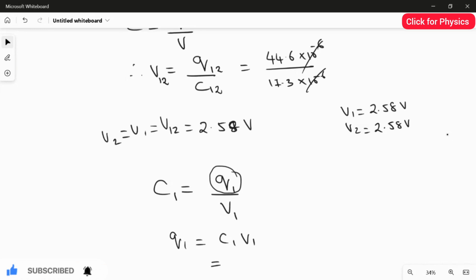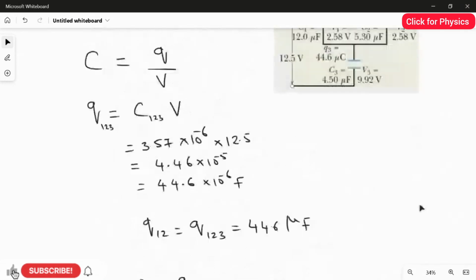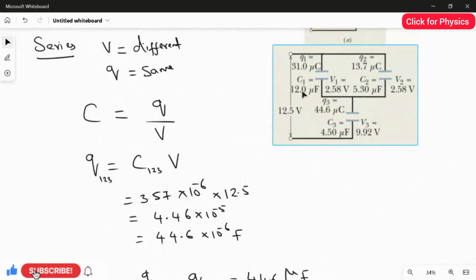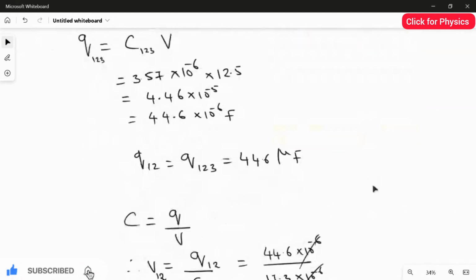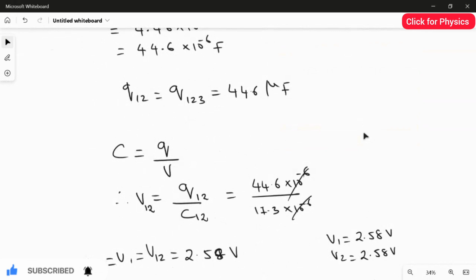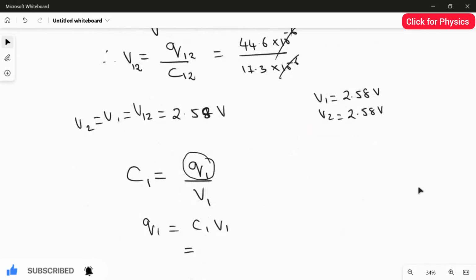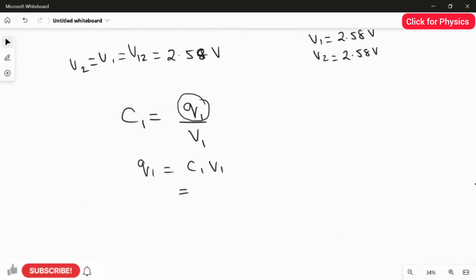The C1 value is already given in the circuit diagram. Let's see the value of C1, because I forgot. So C1 is 12 microfarad and V1 is 2.58, because we already found the answer here. So Q1 is 12 multiplied by 10 to the power minus 6, and the potential V1 and V2 have the same value, so 2.58 volt.